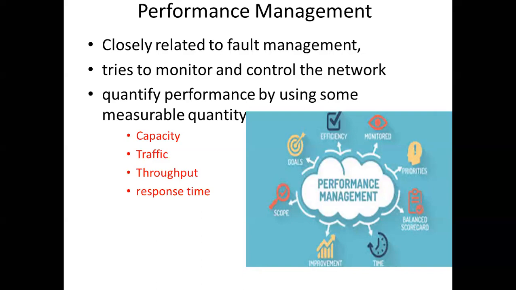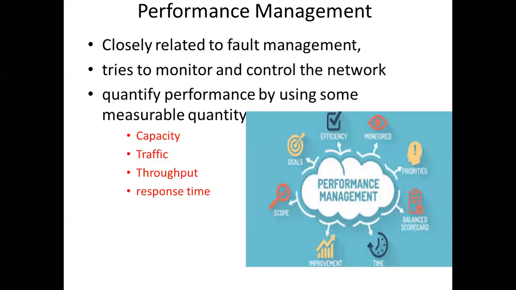So what we are doing is trying to judge its performance. In the same way, in a network also, we want to monitor and control the network, and we want to quantify its performance. We want to check its performance with some measurable quantity. Generally, the performance of a network is measured using capacity, traffic, throughput, and response time.